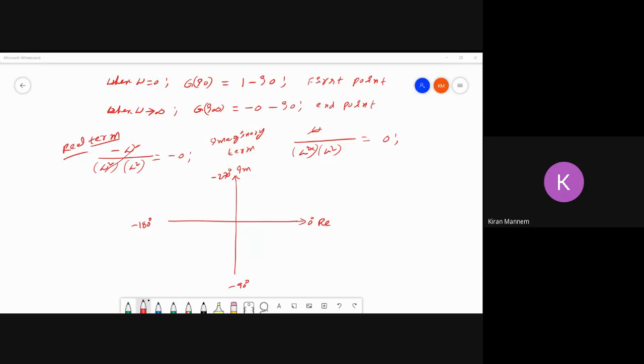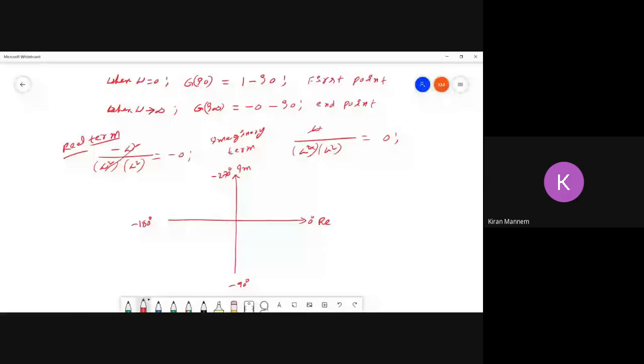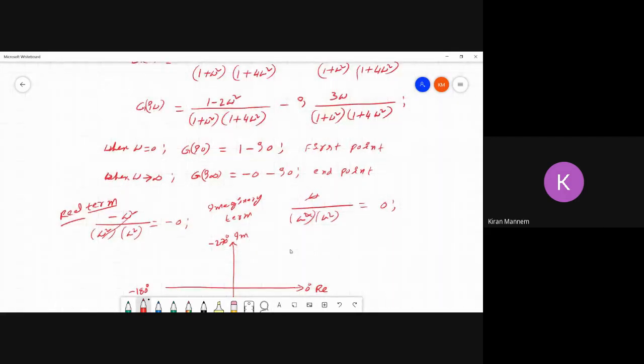Anyway, I gave some clarification on substituting the infinity. Let me show you once. It is 1 minus 2 omega square.